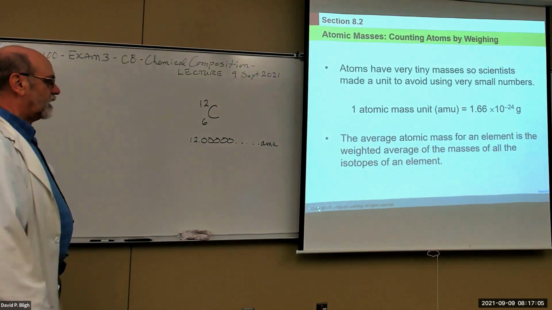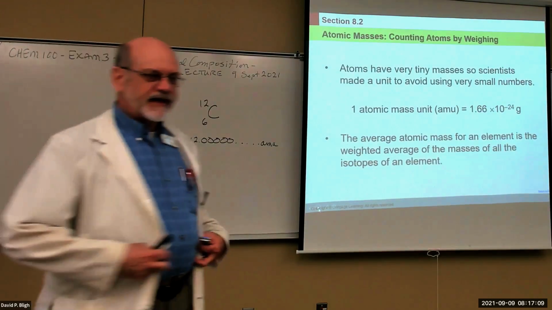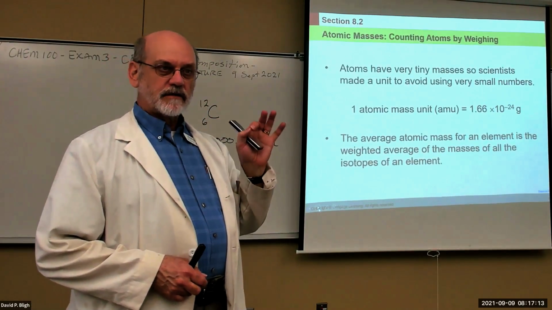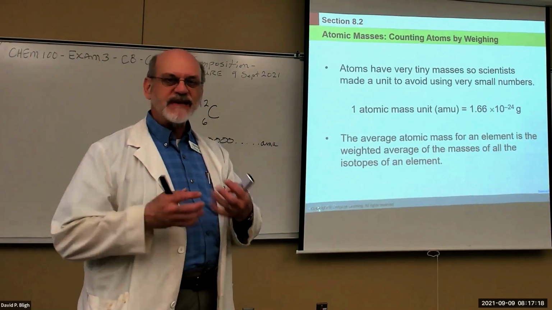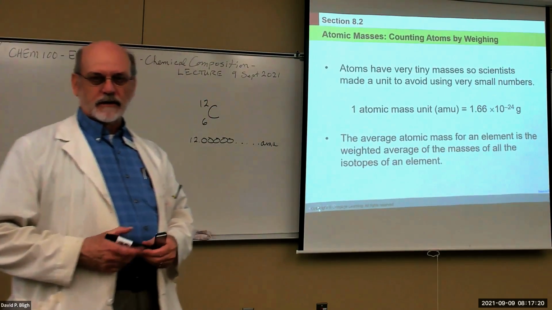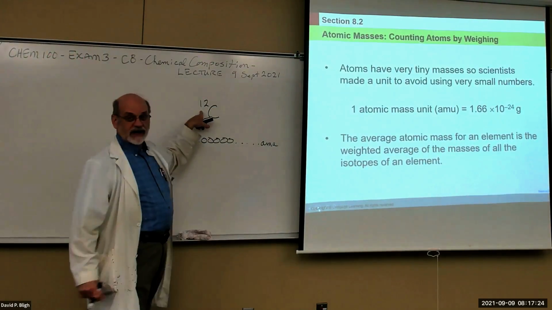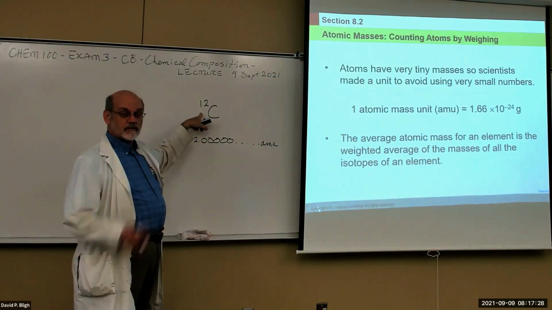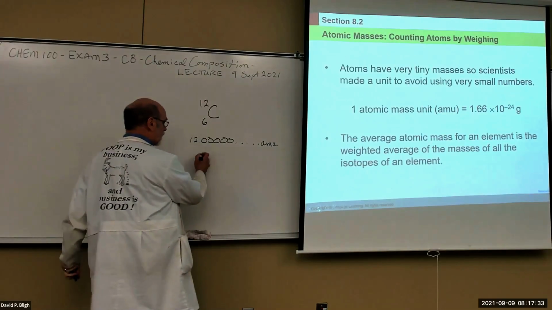Now, the next problem is that we know that naturally occurring elements are composed of a mix of isotopes. Carbon does. This may be the standard, but that's only one isotope of carbon. So if you isolate carbon from nature, it's going to have this one, plus it's going to have some of this one.